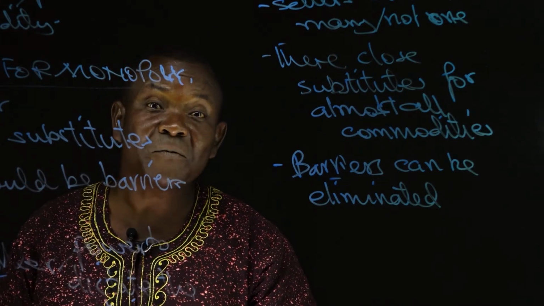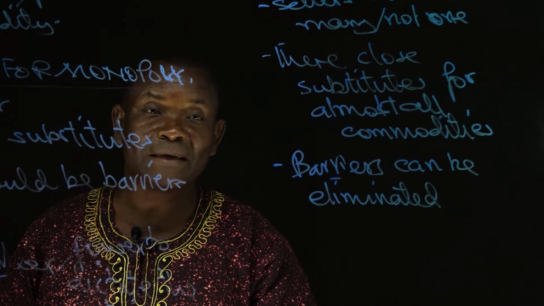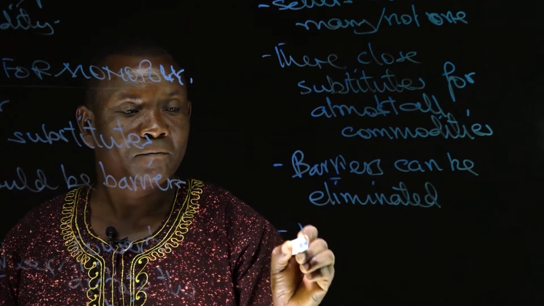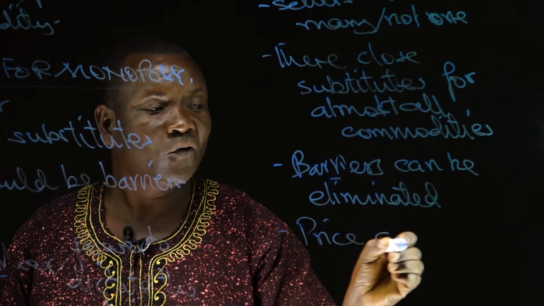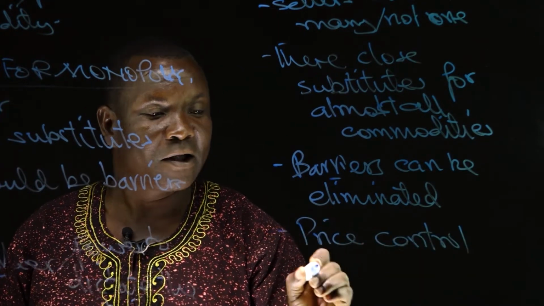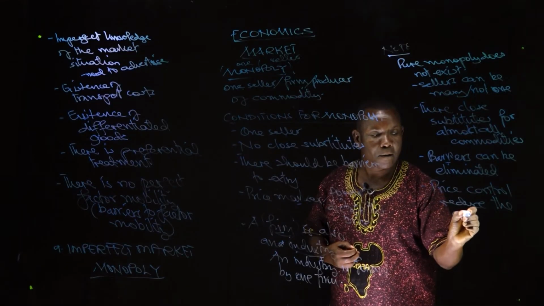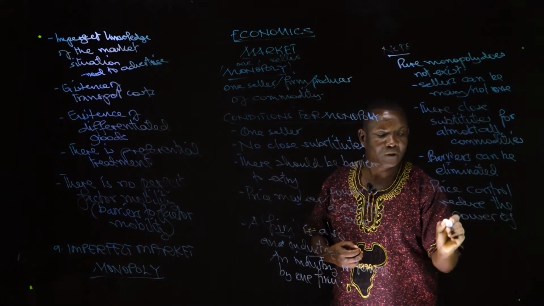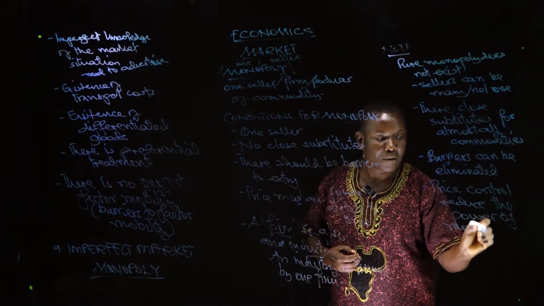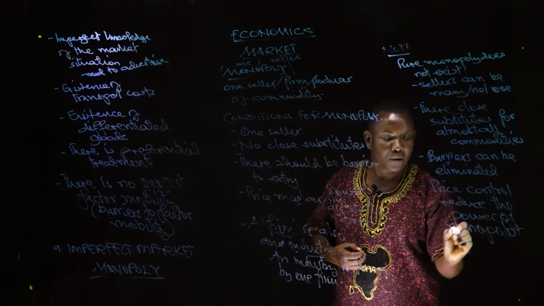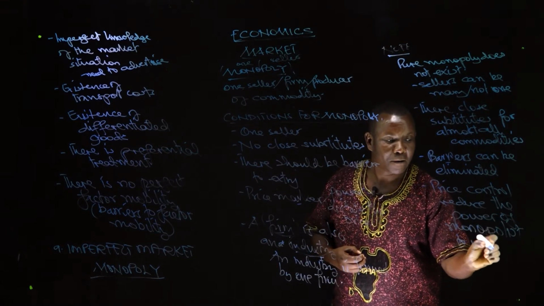Sometimes the government can influence the price which is being fixed by the monopolists. Price control reduces the power of the monopolist to influence the price.